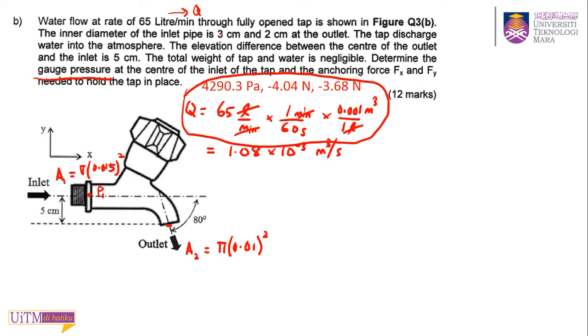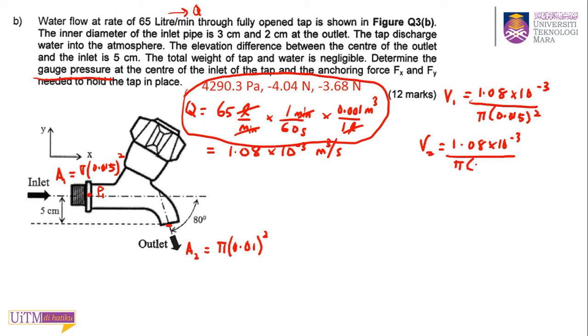Just using your diameter, and you can find your V. You have your Q and you have your A, so you get your V1 equals 1.08 times 10 to the power of minus 3 divided by A1, pi times 0.015 squared, and you get your V2, 1.08 times 10 to the power minus 3 divided by A2, pi times 0.01 squared. Okay, you get your V1 and V2.